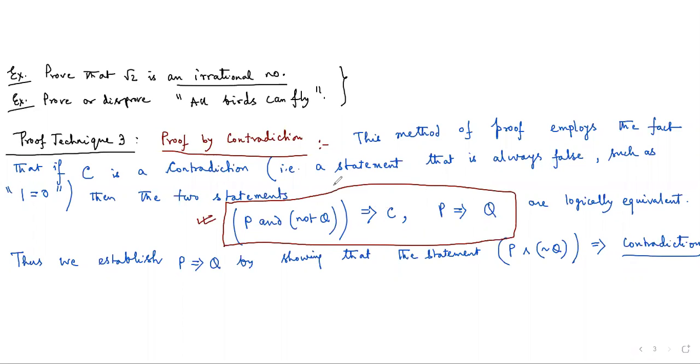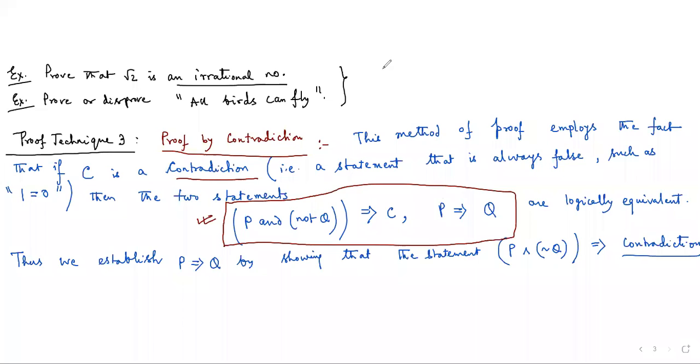By contradiction, we mean something which is always false, and it's quite obvious that 1 equal to 0 is always a false statement. So such a thing will be obtained. And since these two arguments are logically equivalent, if I can show this, then I can infer that it is true.